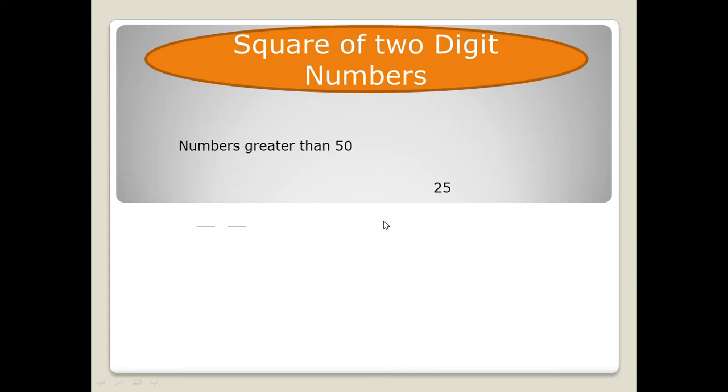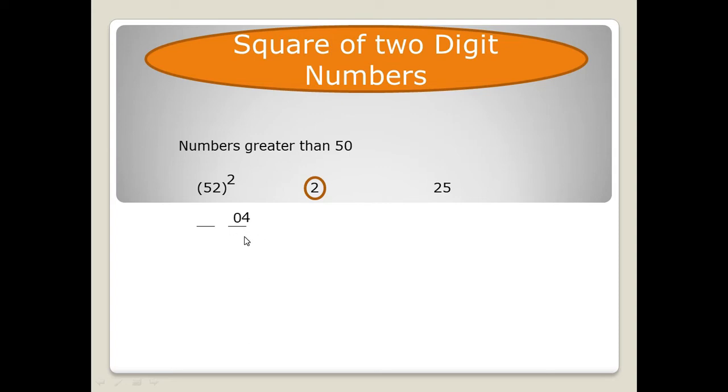Let's start with the first example, the square of 52. You know that 52 is 2 more than 50. So we will take the square of 2, that is 4, but the trick is that we need a two-digit number in this space, so we will add 0 to it.